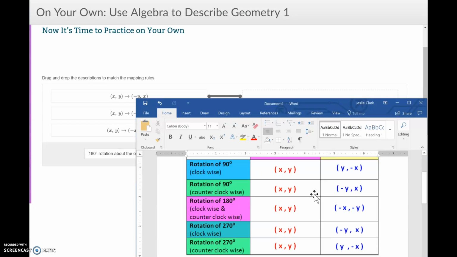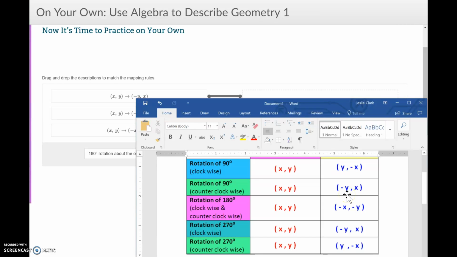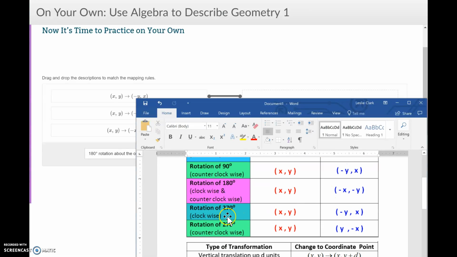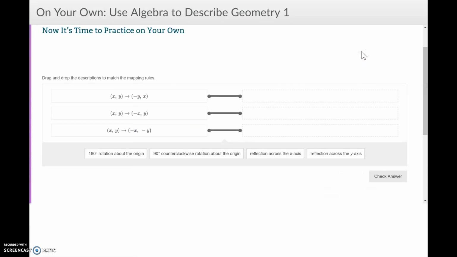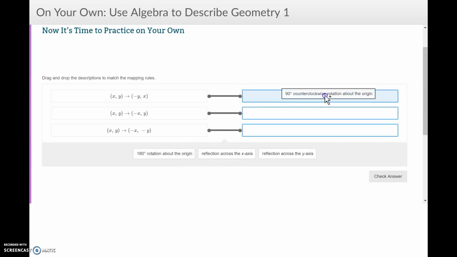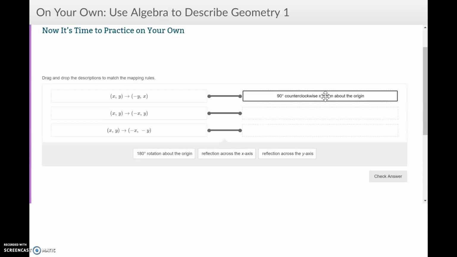So y comes first, but y also does the opposite. So that is a rotation counterclockwise of 90 degrees, which gives you negative y, x, but also a clockwise rotation of 270. So let's see what our options are. So we have counterclockwise of 90. So we're going to use that one.